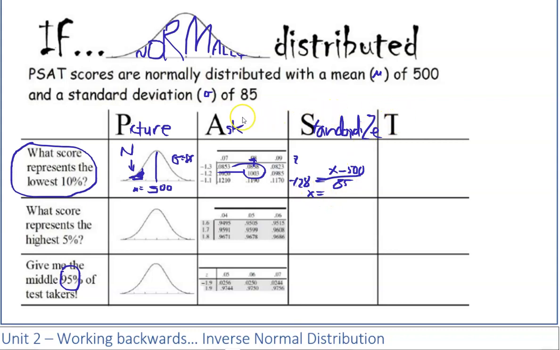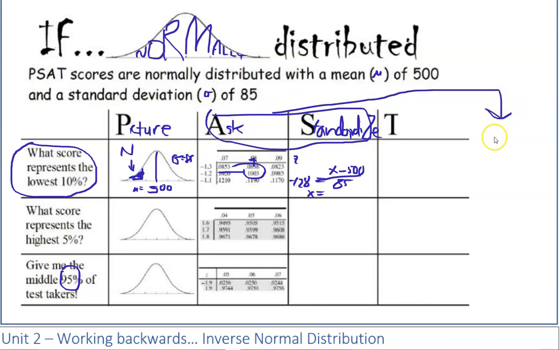But we're going to go straight to, instead of asking and standardizing, asking the table, we're going to ask the calculator. And we're going to go to second, the second button. And it says vars, but we know that we're using the blue key, which says distribution. And we're looking at a normal distribution here, but we're going to use an inverse process. An inverse kind of implies going backwards from something.